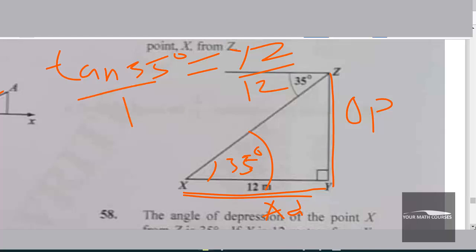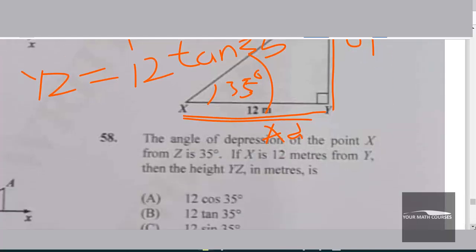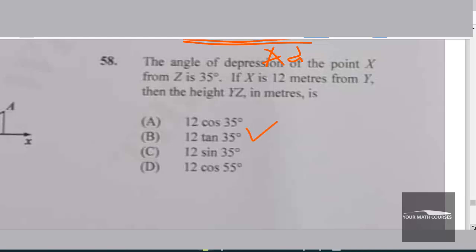So tangent of the angle should be equal to opposite, which is YZ, over adjacent, which is 12. So if you cross multiply, you get YZ equal to 12 tan 35. So 12 tan 35 degrees is the correct answer.